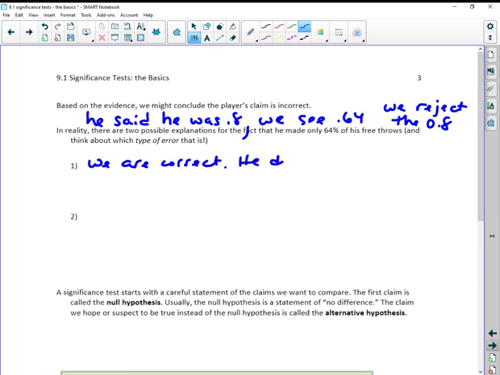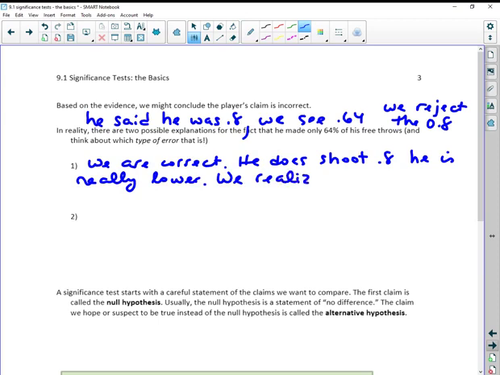He does not shoot 0.8. He is really lower. We realize that, and maybe we don't invite him to play on our team. Maybe. I don't want to call him a liar, but we might not ask him to be on our team.